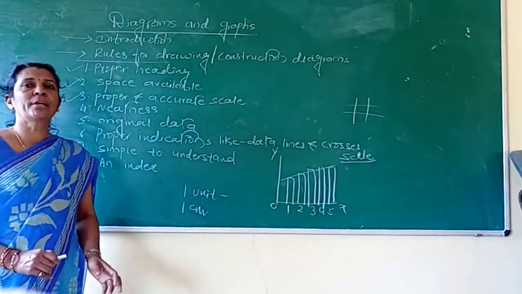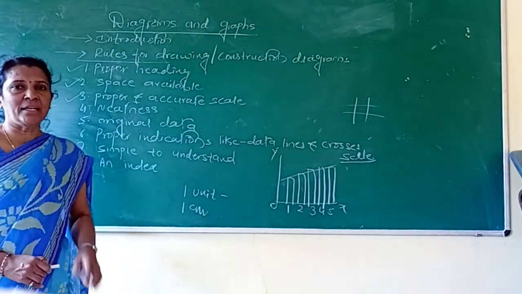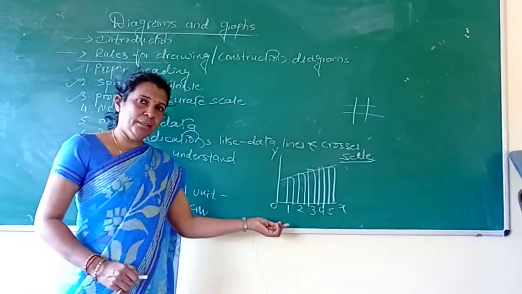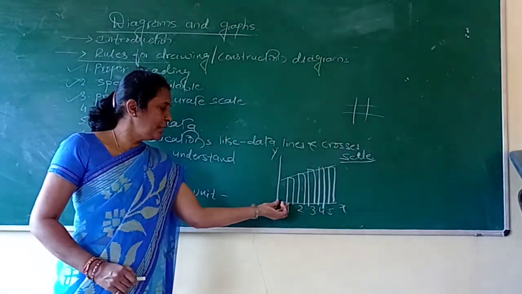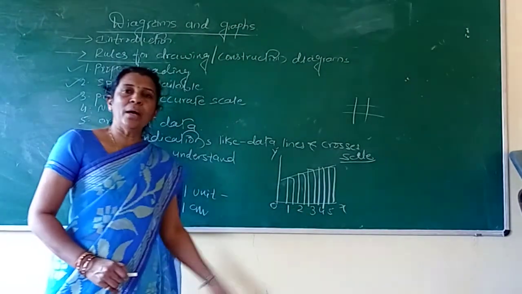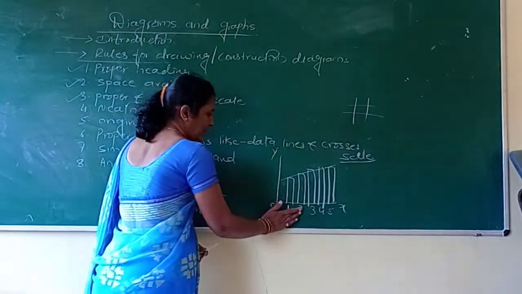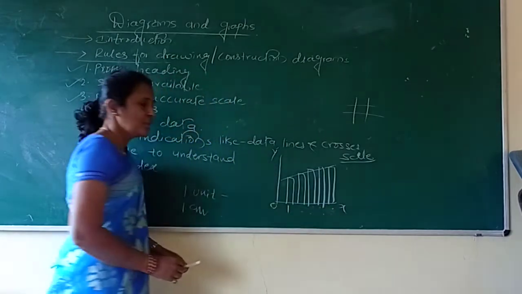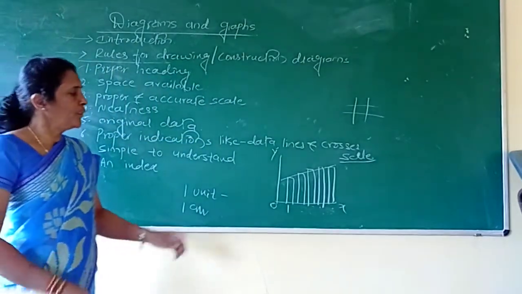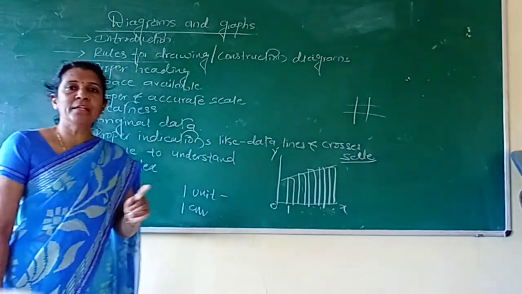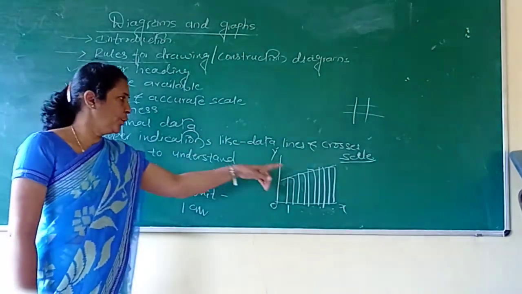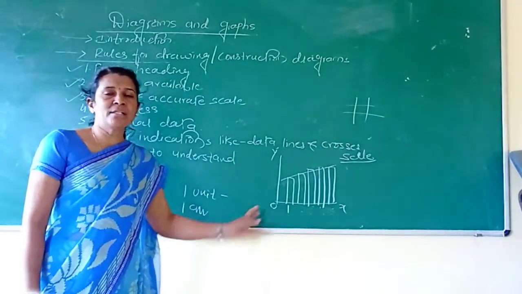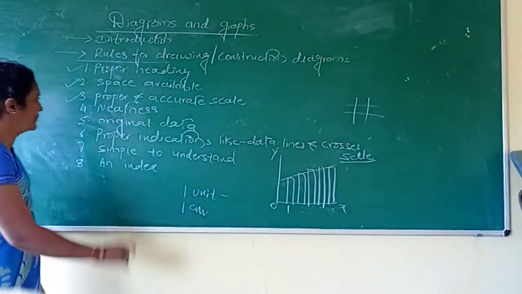So don't forget to mention the scale. So 1, 2, 3. Looking at this diagram, here 1 unit is equal to 1. If the scale is different, you can change it and write accordingly. So see that for every diagram you are going to give the scale. It explains what the measurement is.